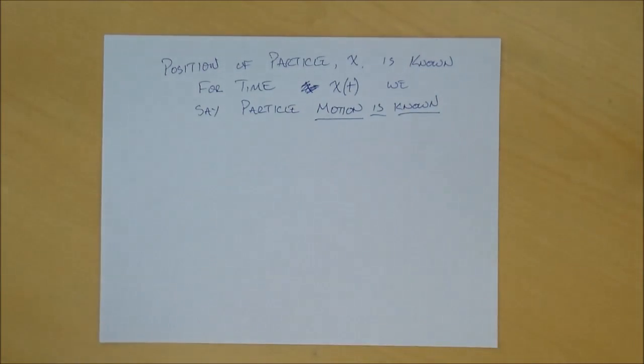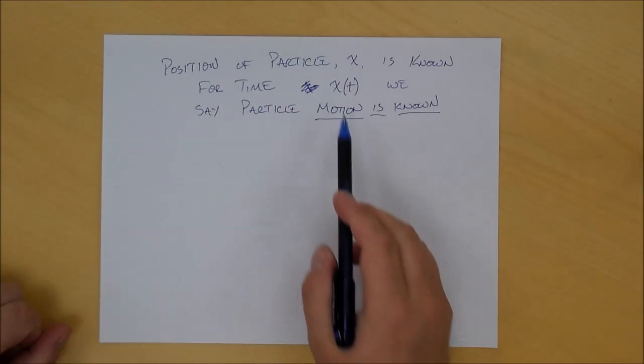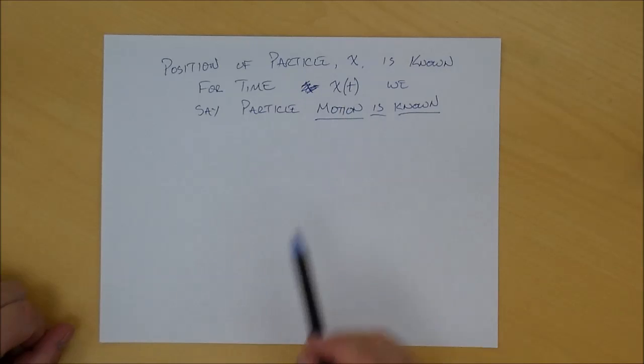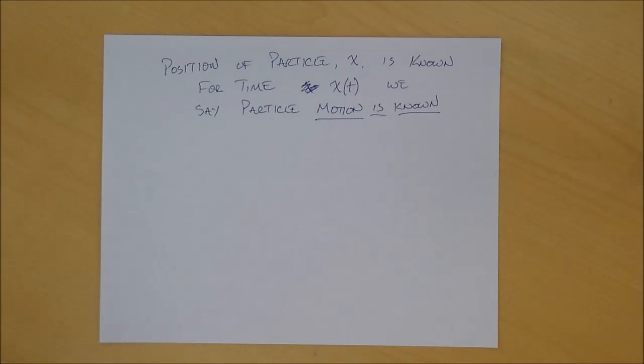What that implies is that, given the position of the particle for all time, x as a function of time, from that we can determine the particle's velocity and acceleration. And that's what we mean when we say the motion is known. It means that we know the position, velocity, and acceleration of the particle for all values of time.